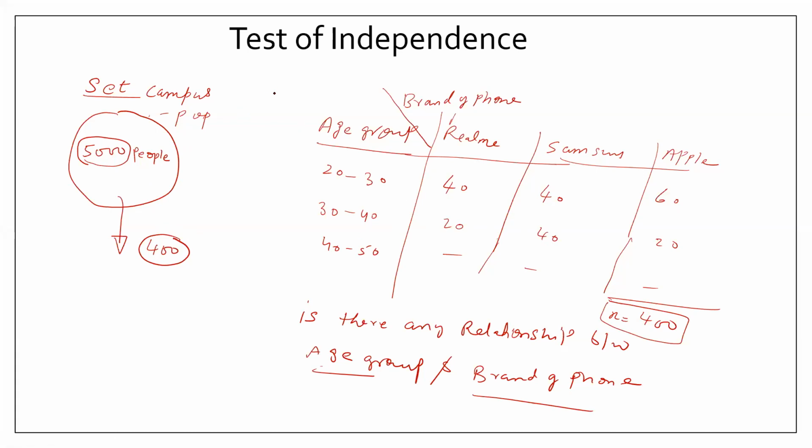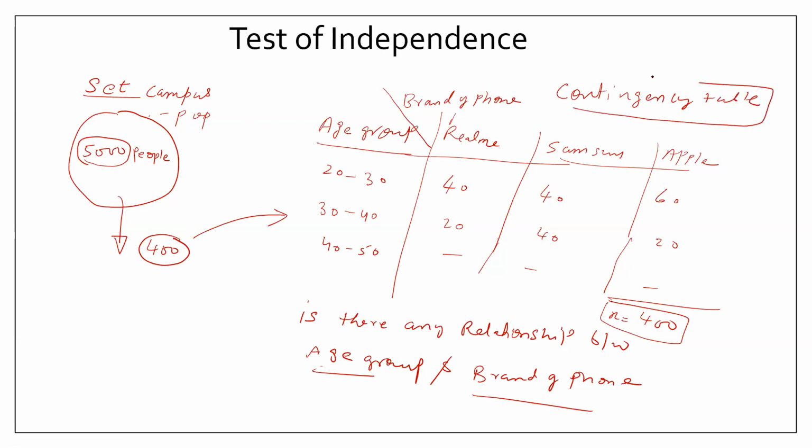And then we have categorized this in a tabular form. When you categorize this in a tabular form, this table with the age group and the brand of the phone, we call that a contingency table.